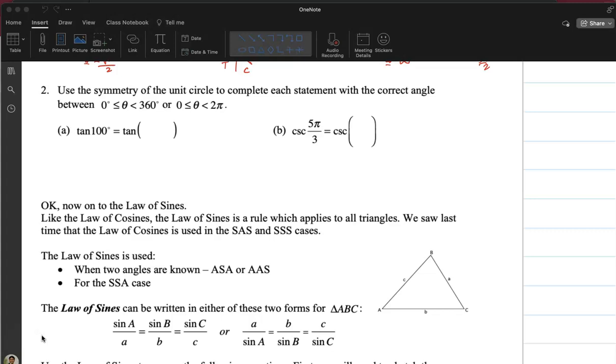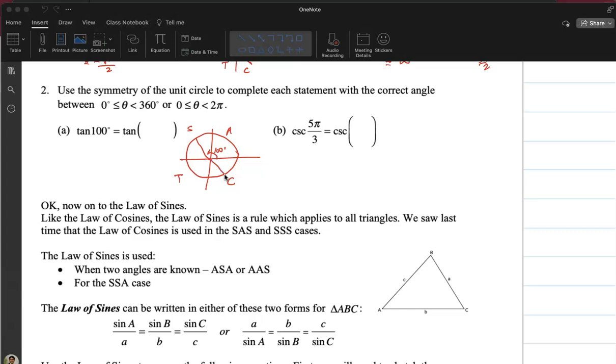So tan of 100, when you're looking at it, you draw the unit circle. Now tan of 100 will come somewhere here. All silver teacups. So this angle is 100. Now tan of 100 will be the same as tan of 180 plus 100, because it is negative here and here.